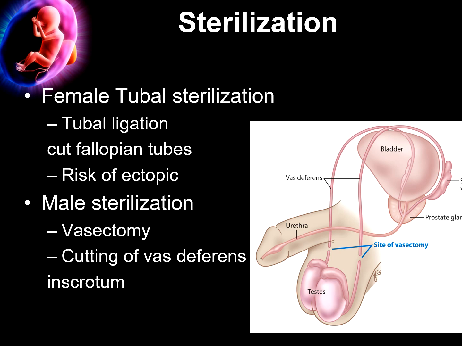The couple must use an alternative method for 20 ejaculations or 3 months, because there may still be sperm left in the male anatomy that may encounter the ovum. So a test for sperm count is completed for 2 specimens after that 3-month period.